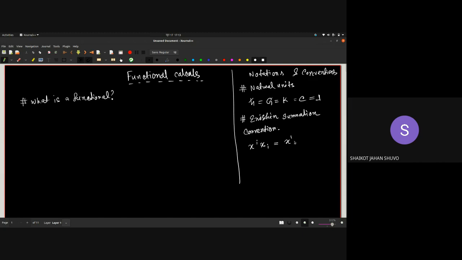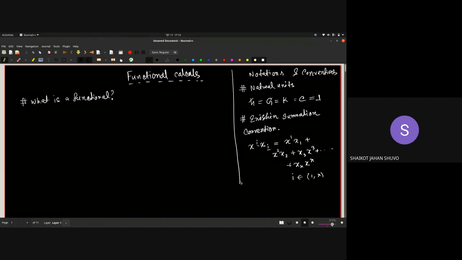This means x_1 plus x_2 plus x_3 and so on, plus x_n, where i ranges from 1 to n. So this is just a summation convention. You see the same index in the superscript and the same index in the subscript. It's just a sum over all the terms.